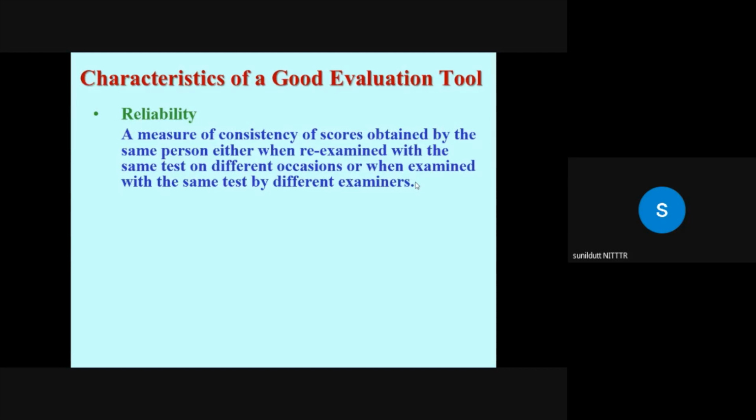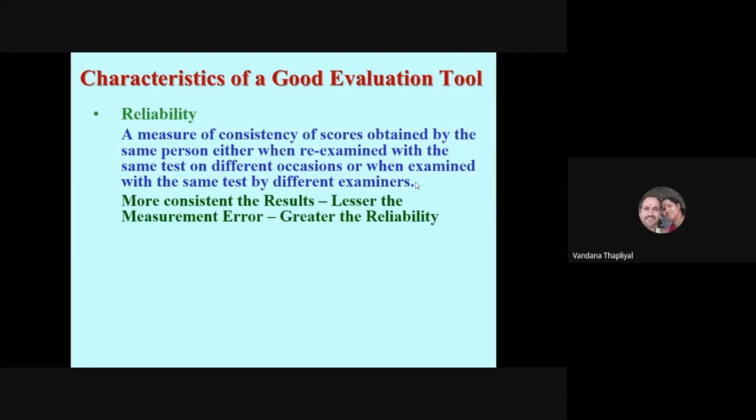So if we use a different sample of items in the second test, still another factor is likely to influence the results. Individuals may find one test easier than the other because it happens to contain more items on topics with which they are familiar. Now, the more consistent the test results are, the lesser would be the measurement error and greater would be its reliability.